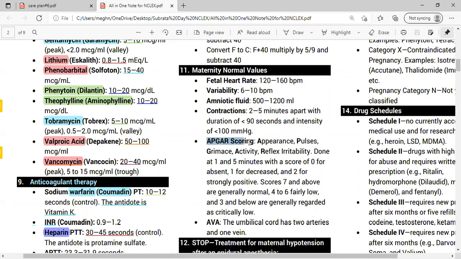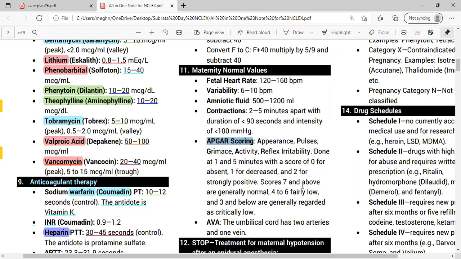APGAR score is important to assess your baby. APGAR means we should check the baby's appearance, is it blue or pink, pulse rate, grimace, activity, muscle activity, reflexes, reflex irritability. It is done at 1 to 5 minutes with a score of 0 for absence, 1 for decreased, 2 for strongly positive.